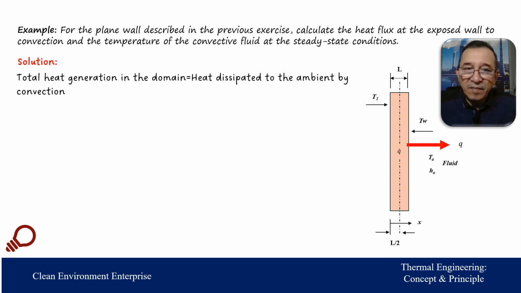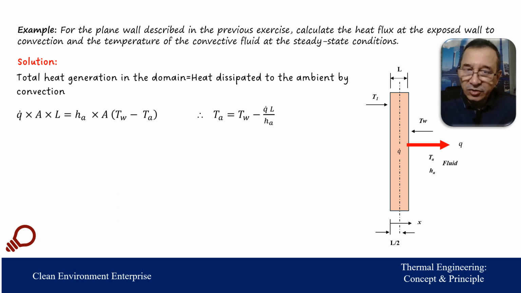Again, the same form: we have the heat generation in the domain equal to heat dissipated to the ambient by convection. This is because we have steady state conditions. That means the temperature doesn't change with time, but it changes with position.